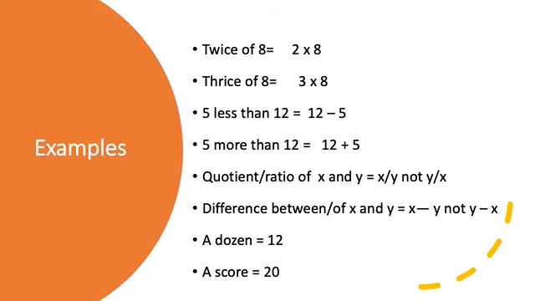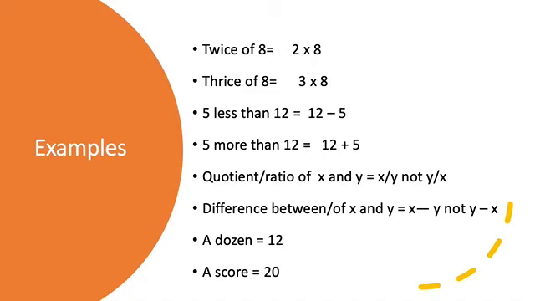If a problem says the ratio of or the quotient of x and y, it means x divided by y, not y divided by x. If the problem says the difference of or the difference between x and y, it means x minus y, not y minus x.